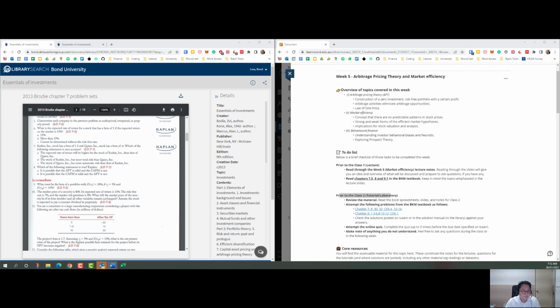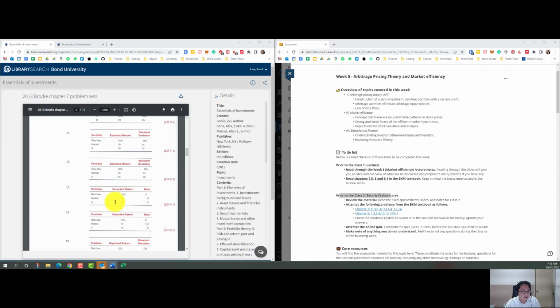So statement A is possible, but not B. APT is a broader theory that includes the CAPM, but CAPM doesn't include APT because CAPM has much stronger assumptions, one of which is about individual investors and their portfolios, and it assumes that the market portfolio is the only risk factor out there. Okay, so that's question 8. Now let's look at 30 and 32.